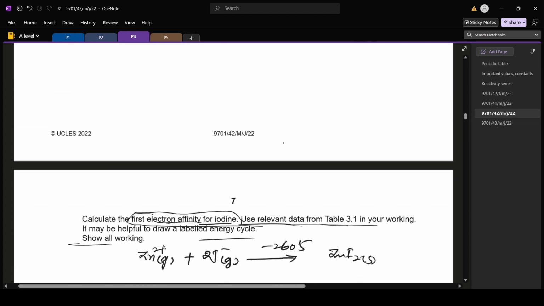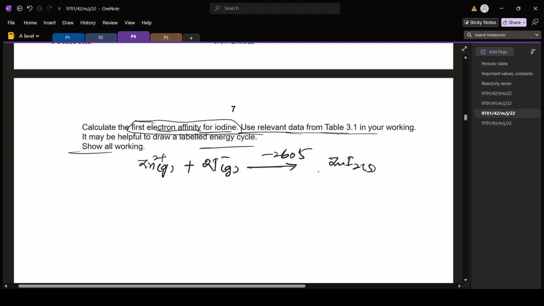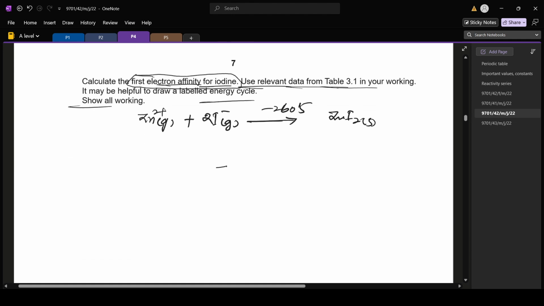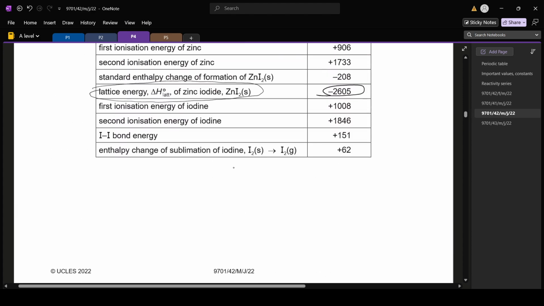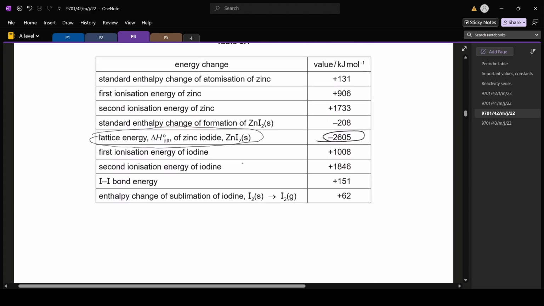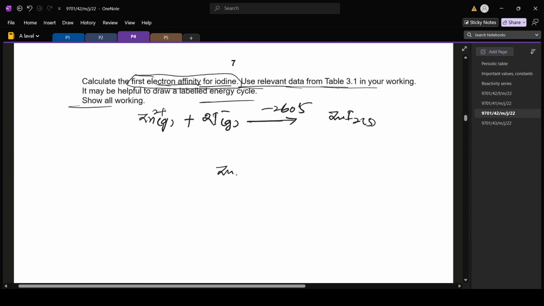Now we can also calculate the enthalpy change of formation. The definition of enthalpy change of formation is the formation of an ionic compound from its elements under standard states. At room temperature, zinc is solid and iodine is also solid.